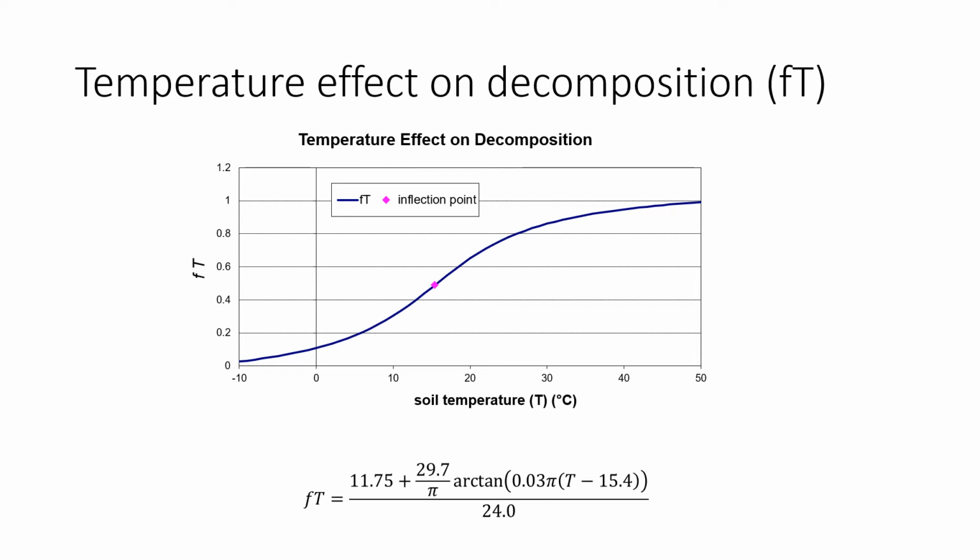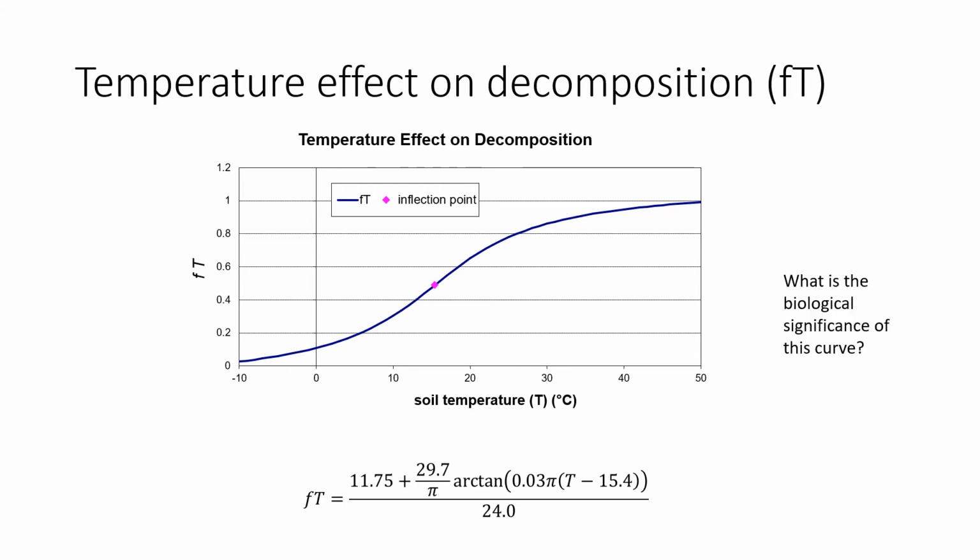So in this particular slide, this function is saying that at 50 degrees C, we would have temperature conditions in the soil that would allow for maximum decomposition. And this function just happens to be represented by this arctangent function. And you don't have to memorize that or anything. It's just one example. And I just wanted to put the equation down so you could see what it looks like.